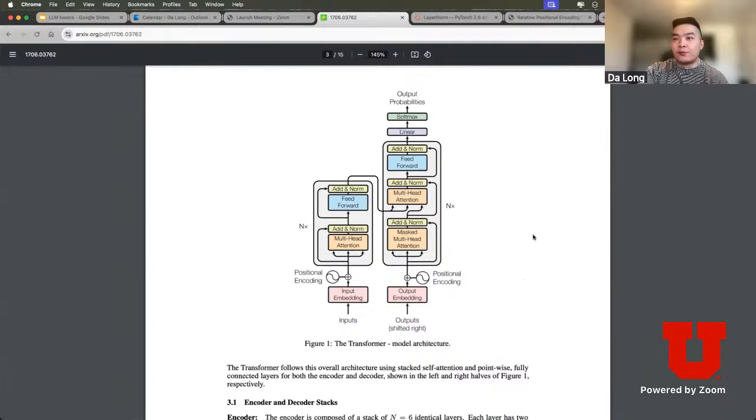If you want to predict the fifth token, you can only utilize the first 4 tokens to predict the next one. To predict the fifth one, you cannot use the 6, 7, 8, 9, 10. So that's why they put a mask over the 6, 7, 8, 9, 10 tokens.